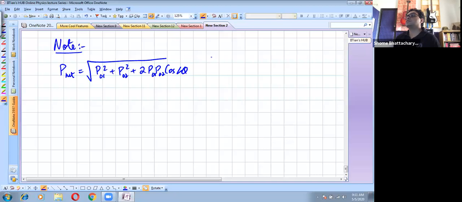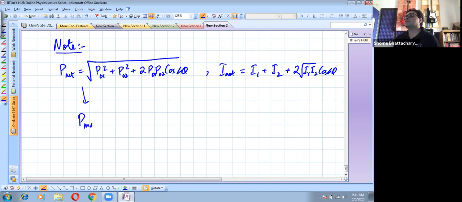this one and the corresponding formula, that net intensity is I1 plus I2 plus 2 times square root I1 I2 cos delta phi. So from this we can see that the maximum pressure amplitude becomes P01 plus P02 for delta phi equal to an even multiple of pi.